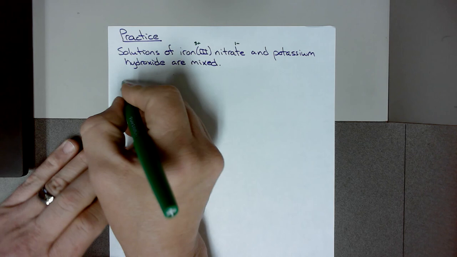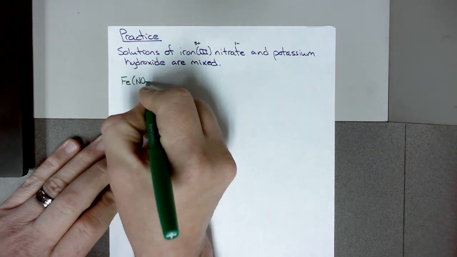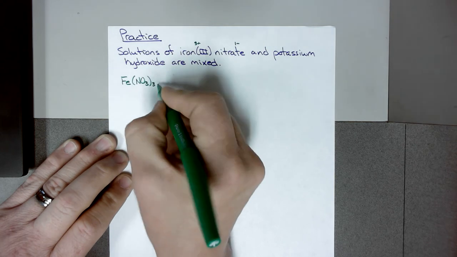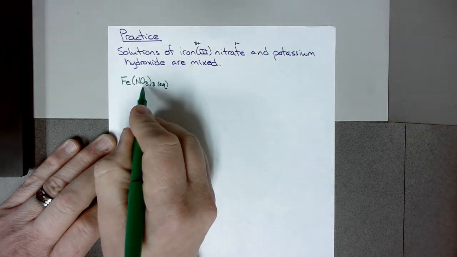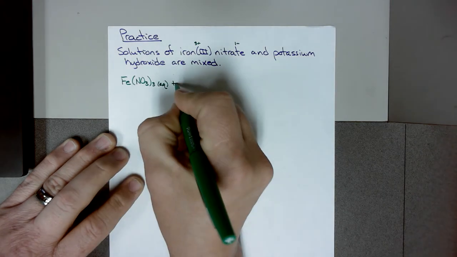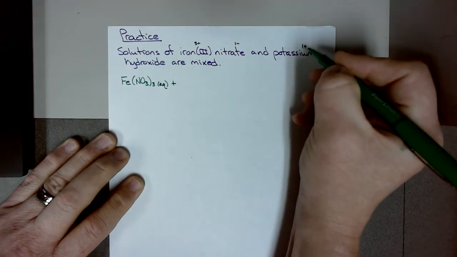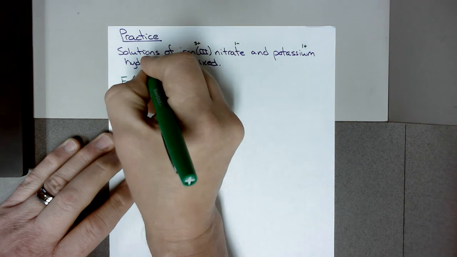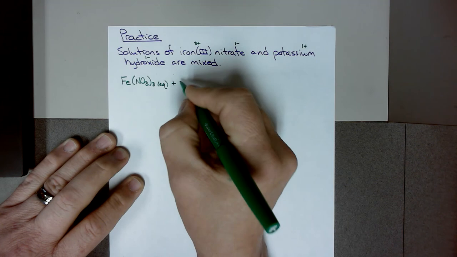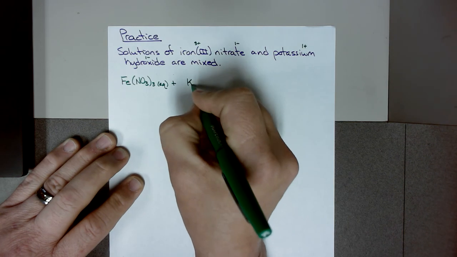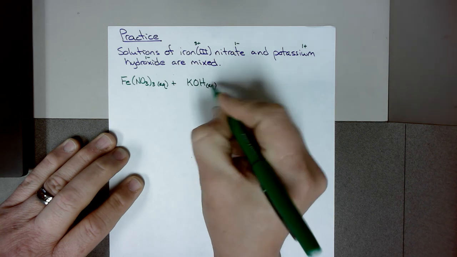So I'm going to write Fe(NO3)3, and it says solution, so we know it's aqueous, but we also know it's aqueous because all nitrates are aqueous. We're going to add potassium hydroxide. Now potassium is in group 1, it's a 1+. Hydroxide is a polyatomic ion, it's a 1-, so it's a 1-to-1 ratio. So we're going to have KOH aqueous, and we know it's aqueous because it's got group 1 with it.